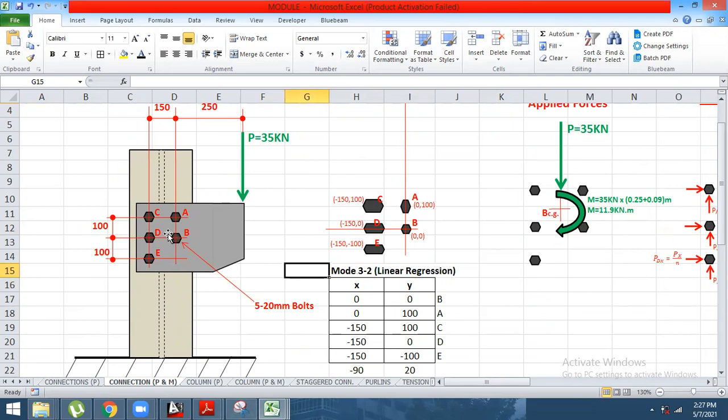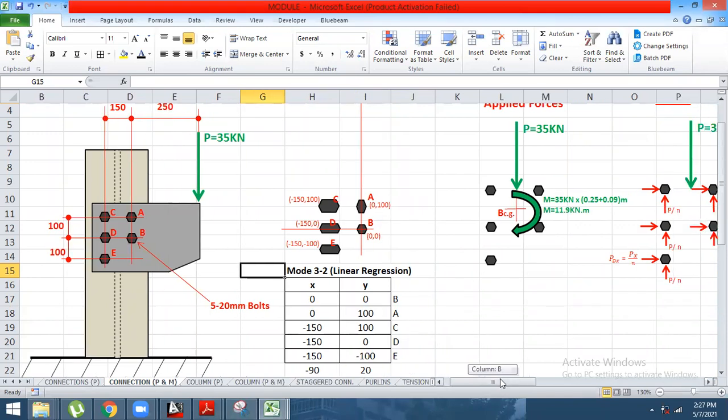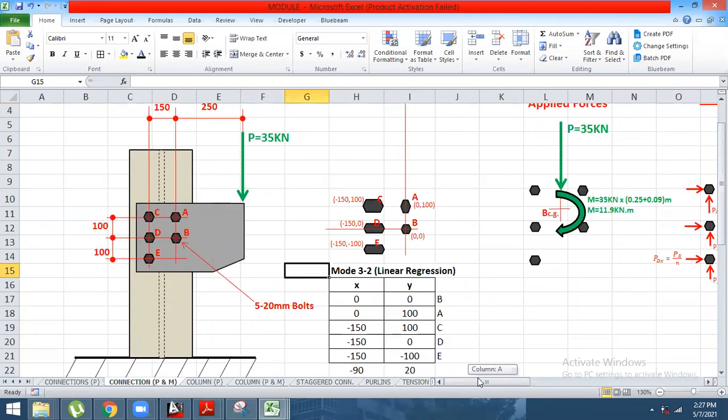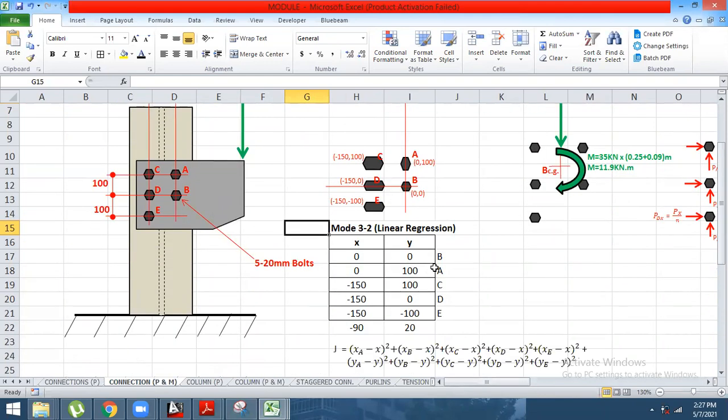We will let bolt B, at the center of the bolts, be the origin. Pataas is positive, pakaliwa is negative, pababa is negative, then pakanan, going to the right, is positive. We're just going to use the coordinate system. So at bolt B, we have 0x, 0y.